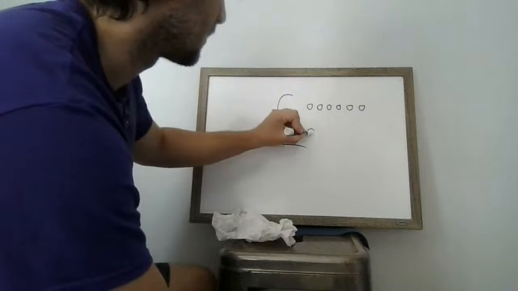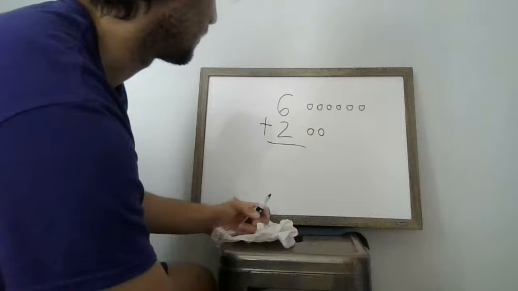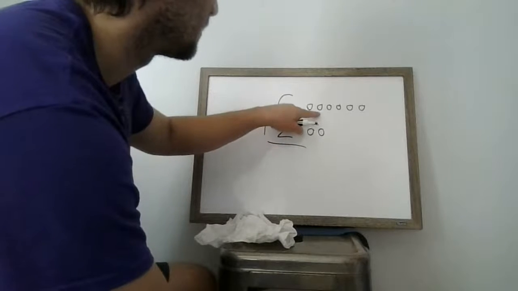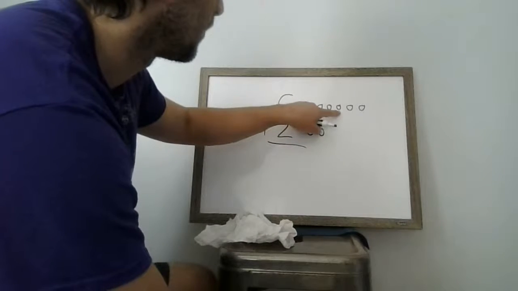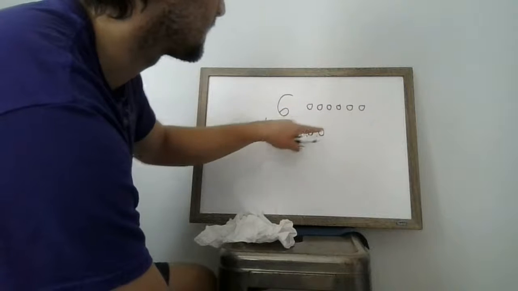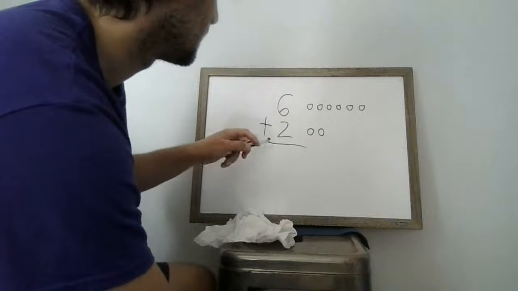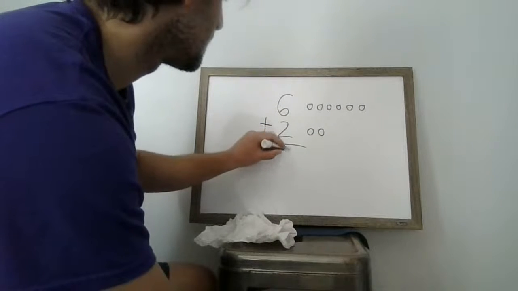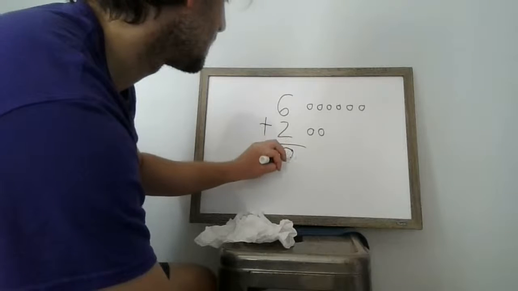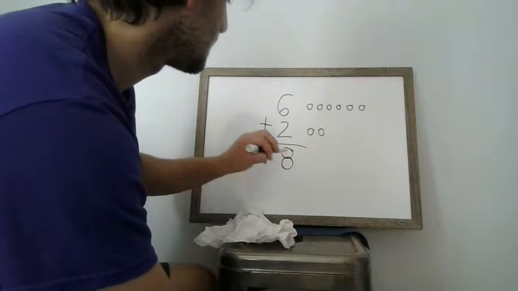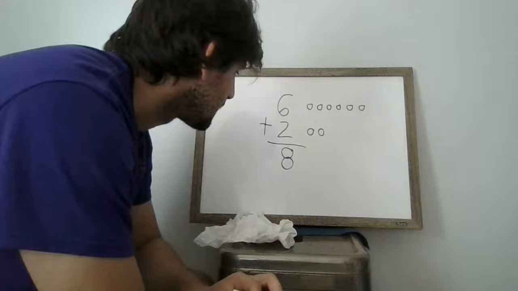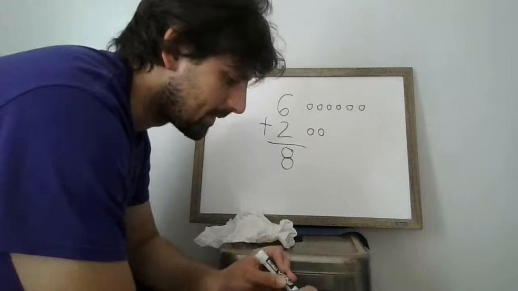I'm going to draw 2 circles next to the number 2, and I'm going to count the total number of circles. Ready? 1, 2, 3, 4, 5, 6, 7, 8. So 6 plus 2 equals 8.